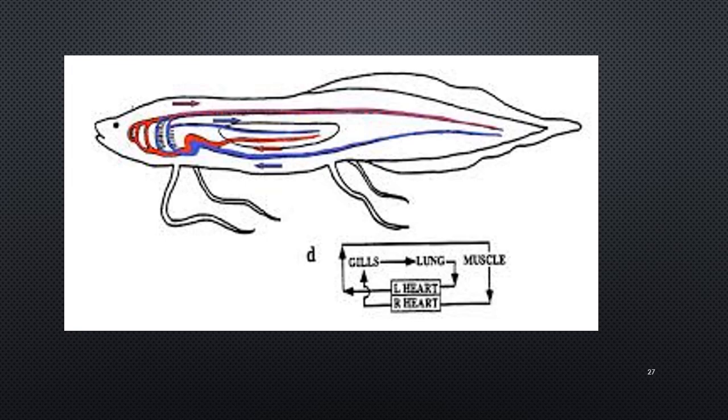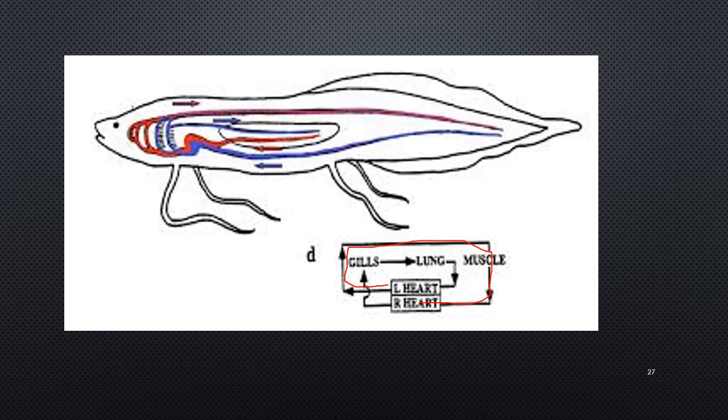So this is how it works with our lungfish, because they do have lungs and gills. Let's see, where should we start? So when the water comes, blood comes out of the heart into the gills to allow for oxygenation of the blood, and then it can circulate back through the muscles and into the heart. Our single loop system, just like we've had before.